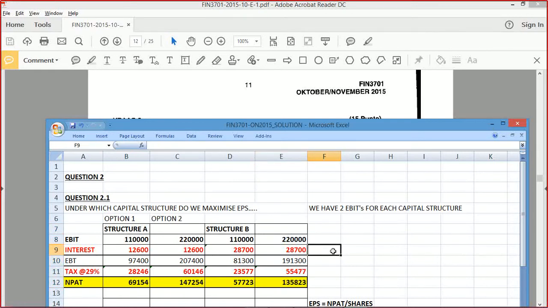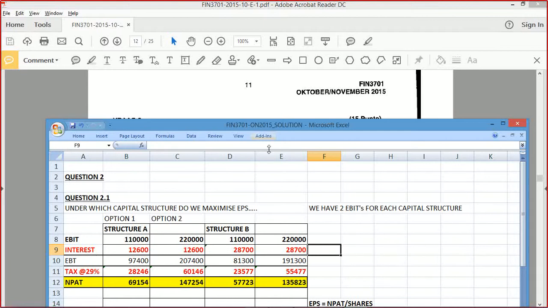Okay, so let me just calculate it quickly. EBIT. So it's 110 and 220, hey? Yes, 110 and 220. And then the interest on the first one is 12%.